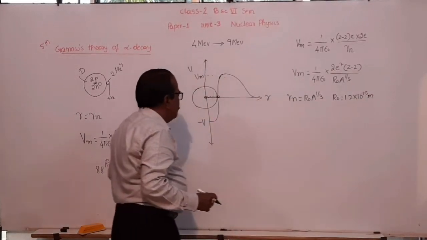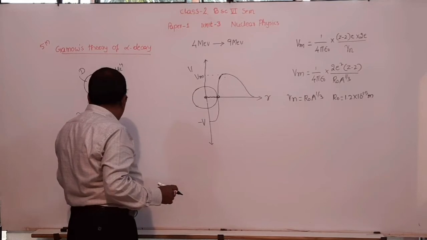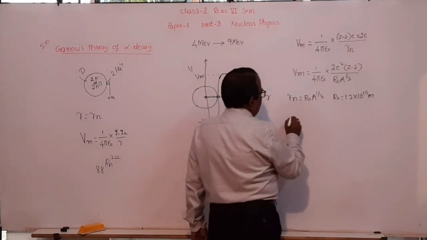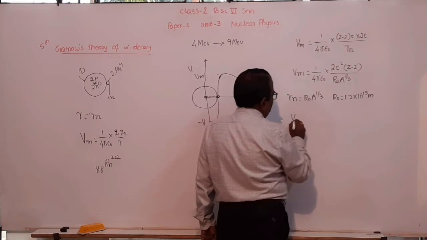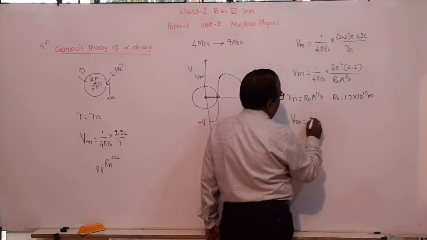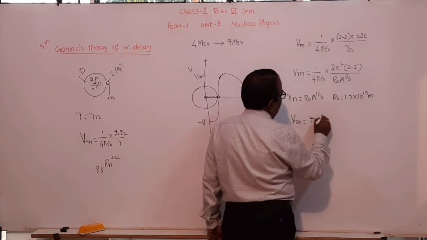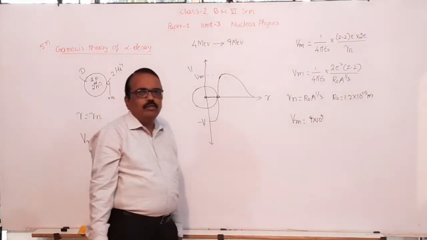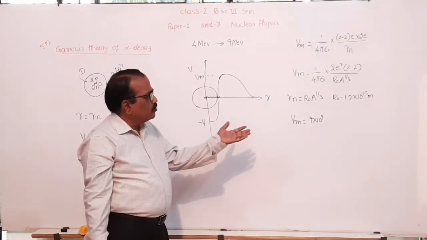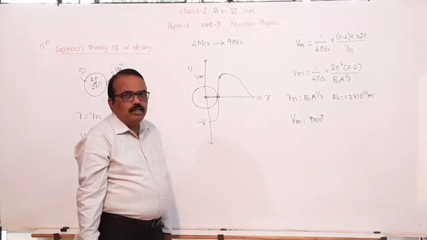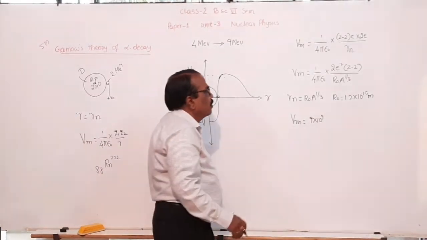Then if you substitute in that equation for 88 Rn 222, your maximum potential energy is 9 into 10 raised to 9. Means if you substitute this epsilon naught is 8.854 into 10 raised to minus 12 and calculate 1 upon 4 pi epsilon naught, you're going to get it as 9 into 10 raised to 9.